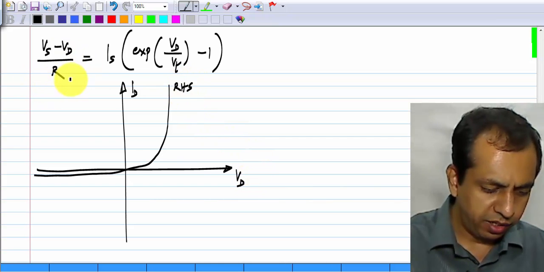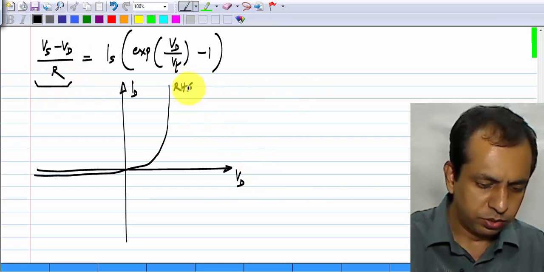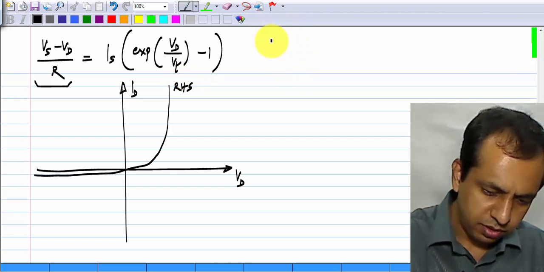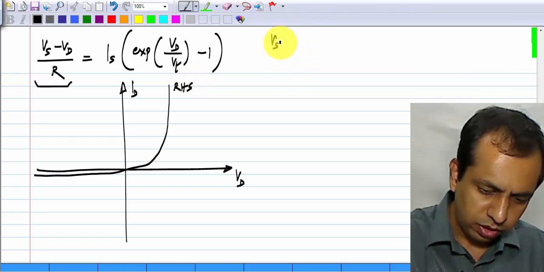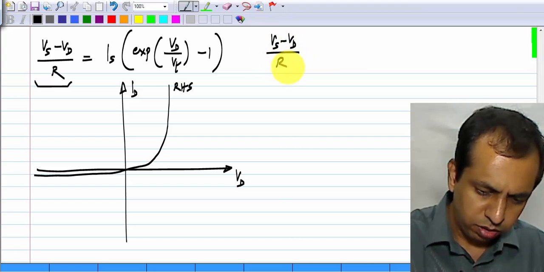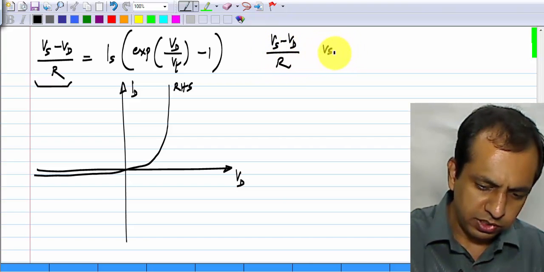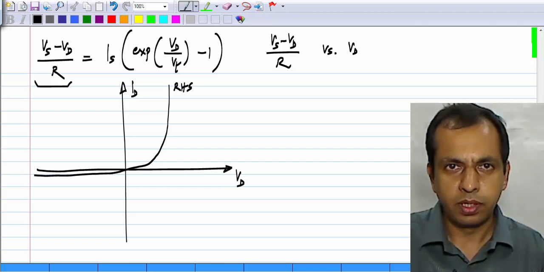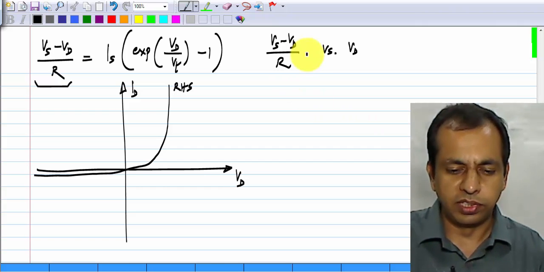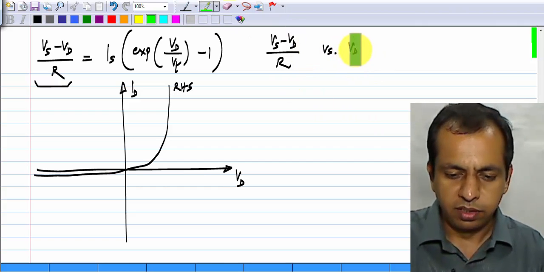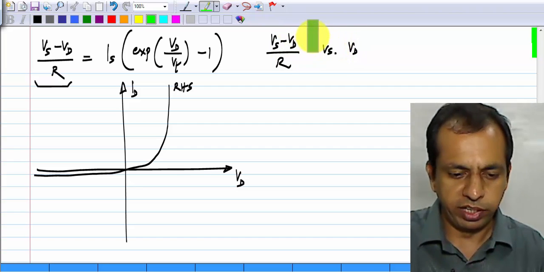And plotting the left side, that is what I want to plot is Vs minus Vd by R versus Vd. So, this is just a straight line, you can see that this is a linear function of Vd.